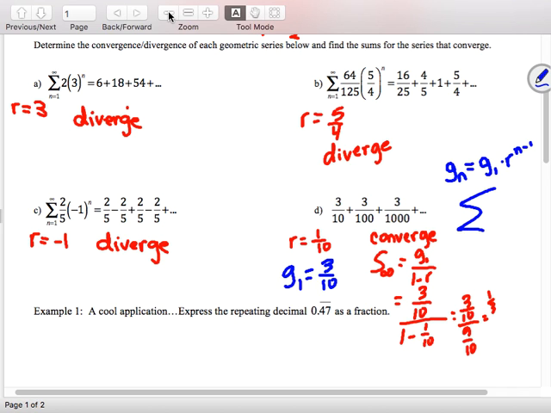So if I say G sub 1 is 3/10 times 1/10, let's say to the n minus 1, and n will run from 1 to infinity. So this is a repeating decimal. This is actually 0.3 repeating is 1/3.